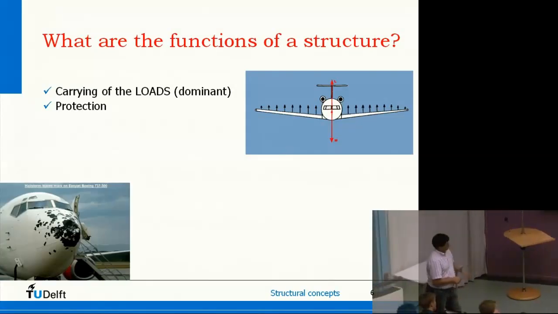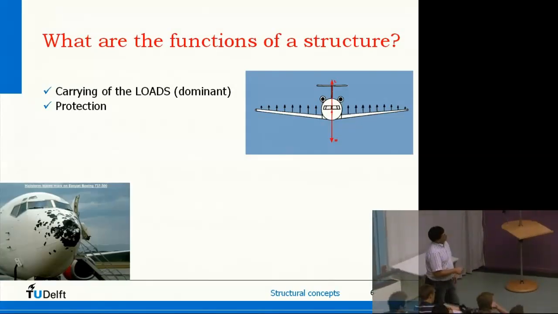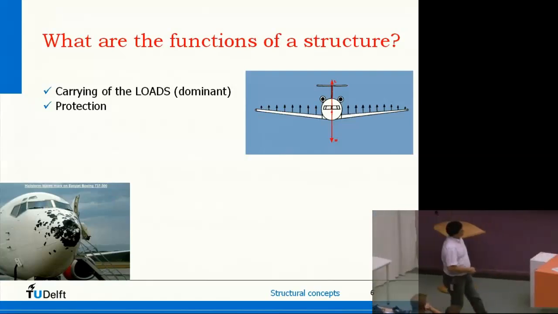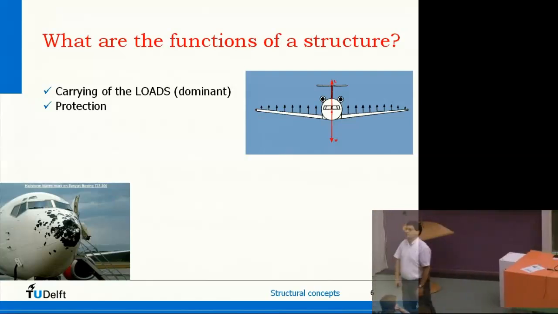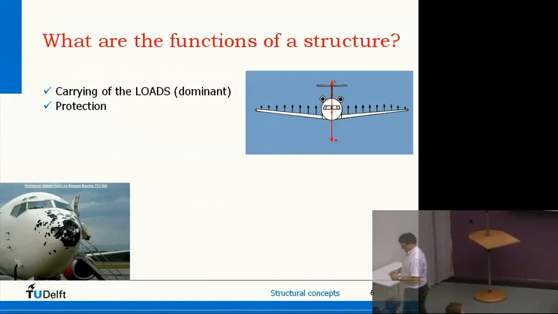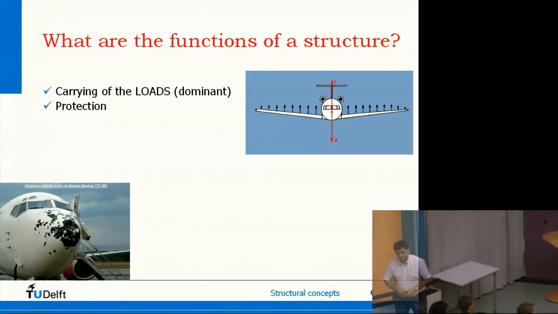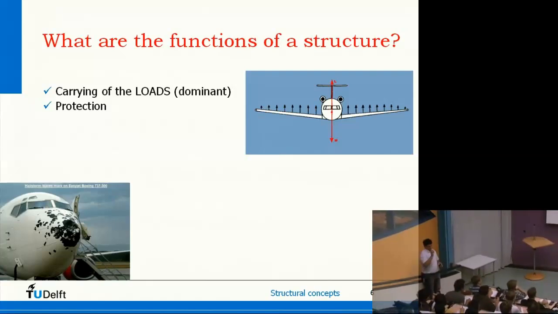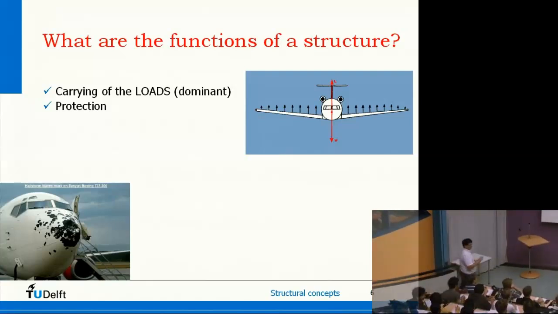Protection. What you see here, for instance, is, I think, an EasyJet Boeing 737, which flew through a hailstorm. Hailstones in the order of magnitude of golf balls hit this aircraft, and you can see you have quite some damage.